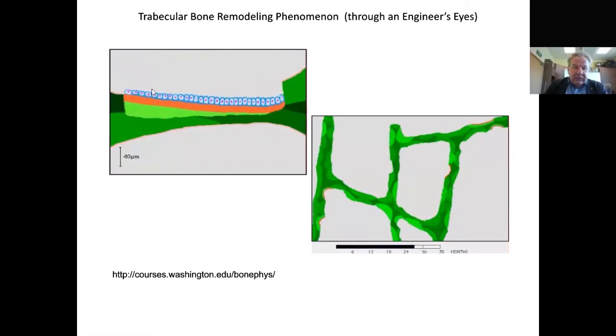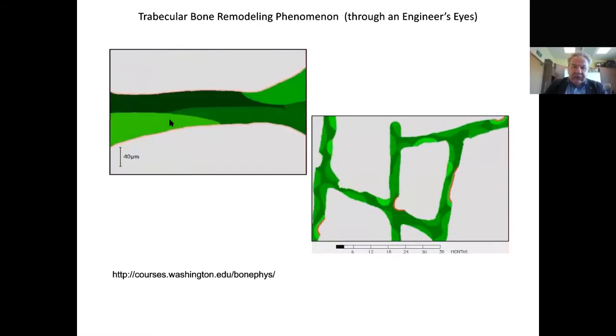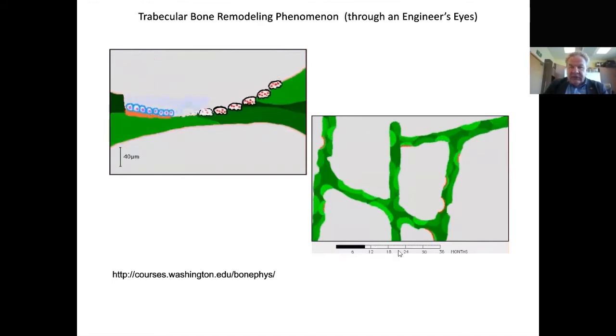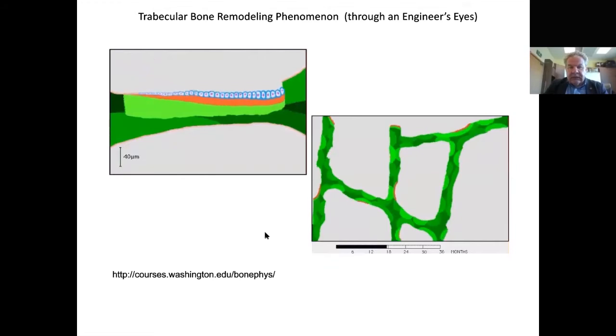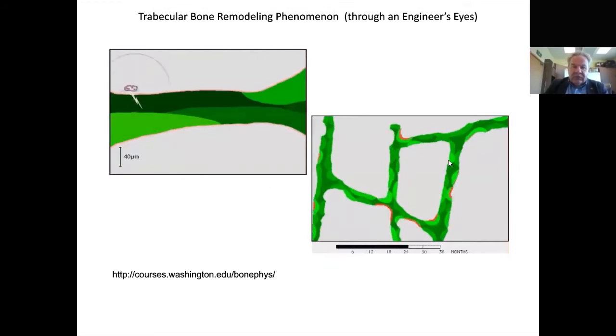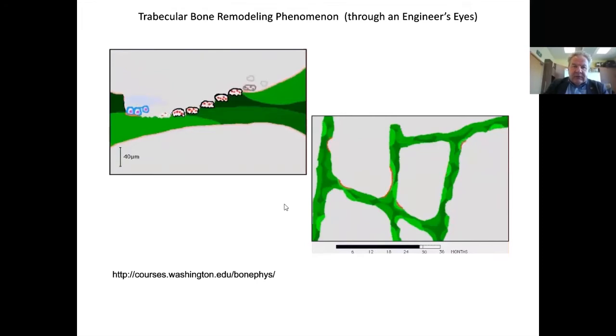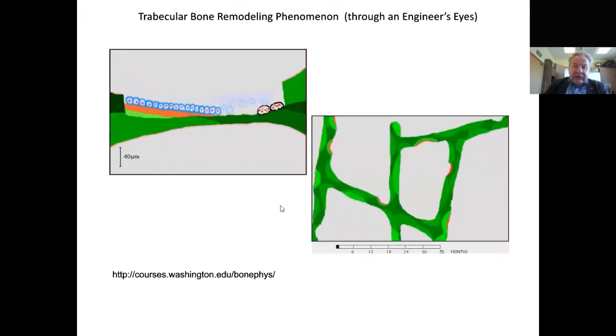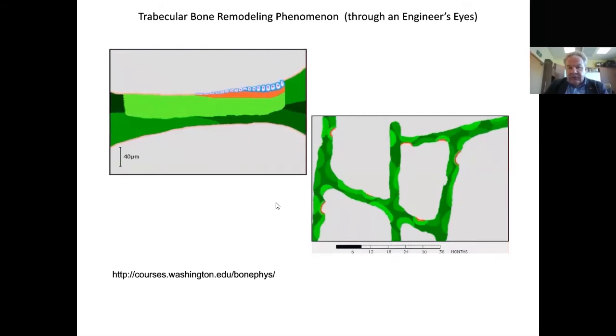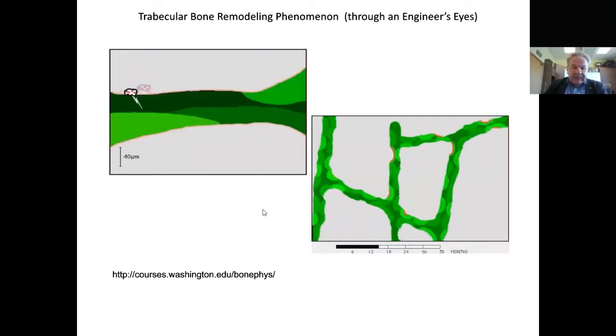So this new tissue formation depends on the external forces. And here on the right side, you can observe that in, let's say, 3 years, your whole internal bone is completely removed and replaced by new tissue. But this process is the reaction to external forces. So external forces are very important.